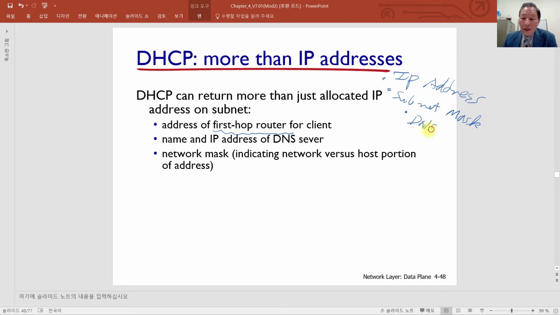DNS server information, and also the gateway IP address.